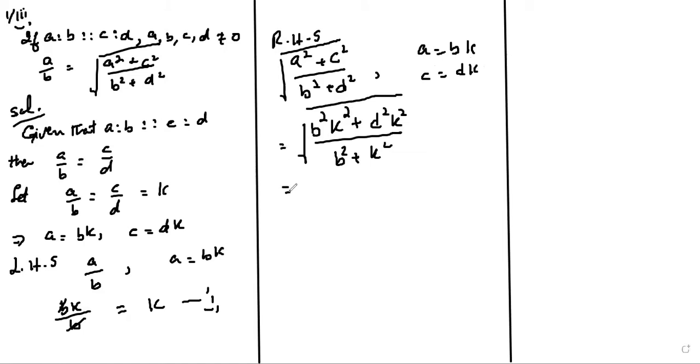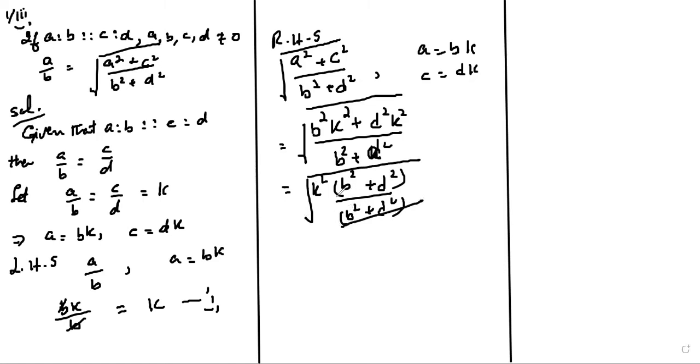Taking K square common from the numerator, we have B square plus D square divided by B square plus D square. Right? So we have all these values under the root.